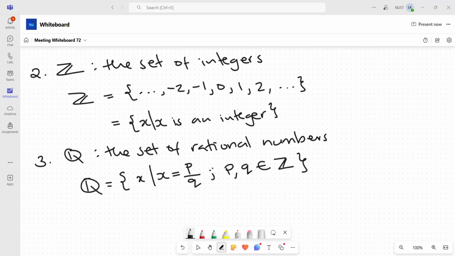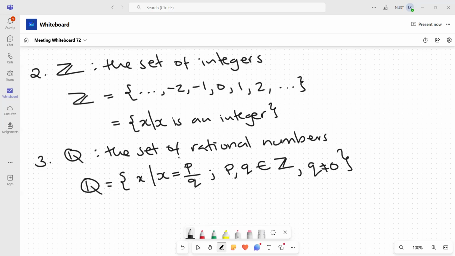I should of course put that q is not equal to 0. That is very important because we're not allowed to divide by 0. So the set of rational numbers is a set of numbers that you can write in this form. You have a fraction, and your numerator is an integer. If we say p and q are elements of the set of integers, it means they are integers, and the denominator is not equal to 0.